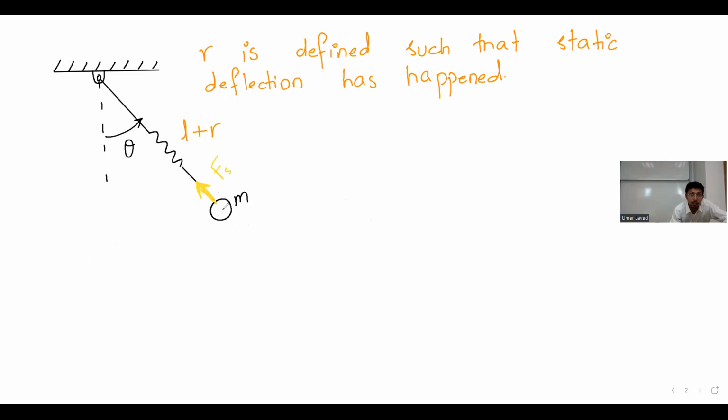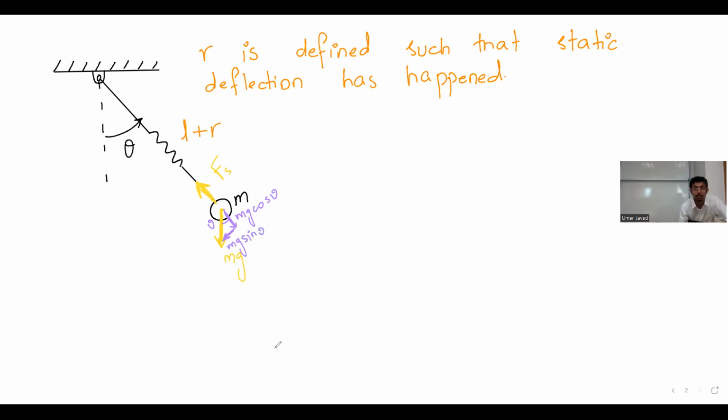This will be the weight. Anything else? No. Then I will have the components of this weight. One will be this one, the other will be this one. This will be angle theta, so this will be mg cos theta, and this will be mg sin theta.